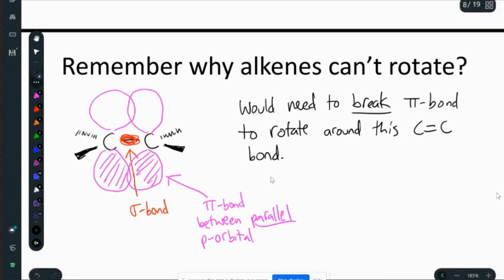And so generally, breaking a bond takes a large amount of energy, and it's going to take too much energy to rotate around that bond. You would have to break it. So we're not going to do conformational analysis with alkenes like we did with alkanes. We're not going to draw Newman projections and talk about what's the most stable conformation. Whatever configuration they're in, they're going to be stuck in.